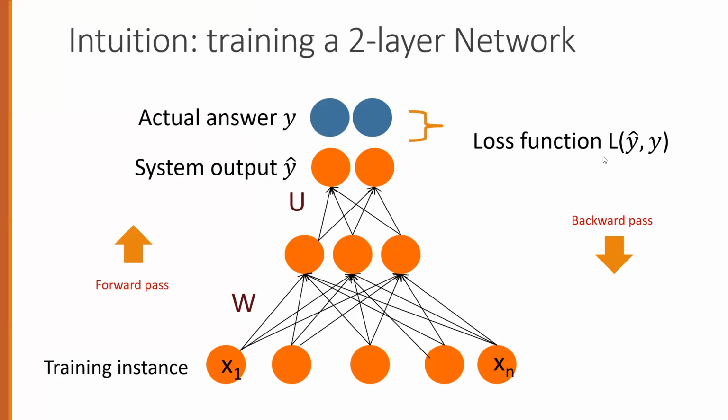Given an input x, we run a forward pass through the network, computing the system's output y hat. Then we compare y hat to the true answer y to get a loss for this example. Then we do a backward pass through the network, computing the gradients we need to update the weights.